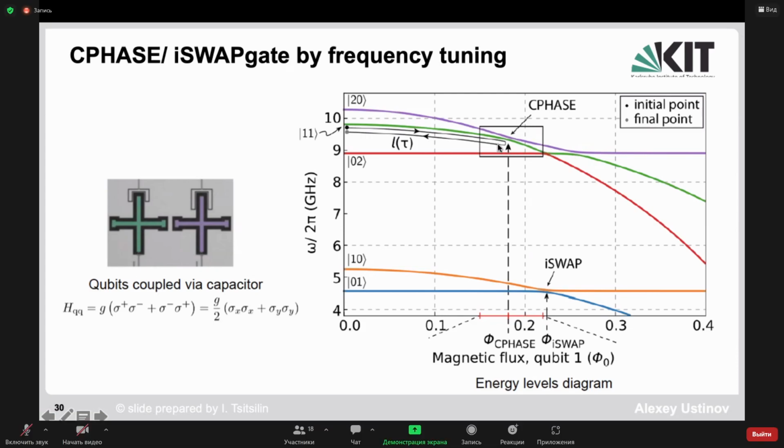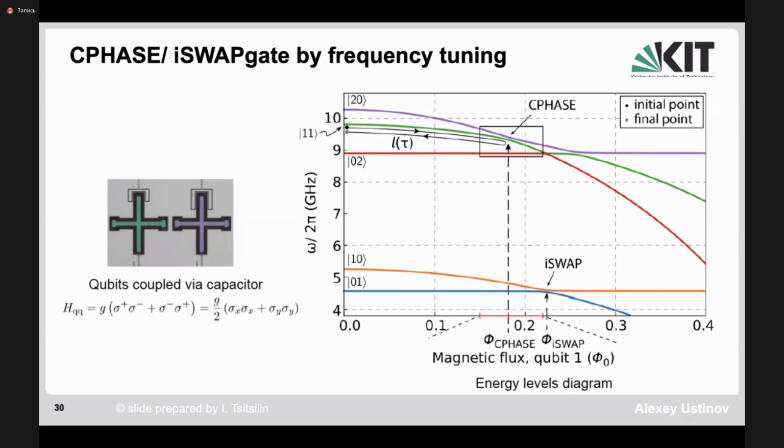It has a crossing with the state 2-0. And basically by traveling to this point and back, one accumulates the phase and occupies the states in the four-dimensional Hilbert space such that a particular states will be finally occupied and entangled with initial state of the initial state of uncoupled qubit system.